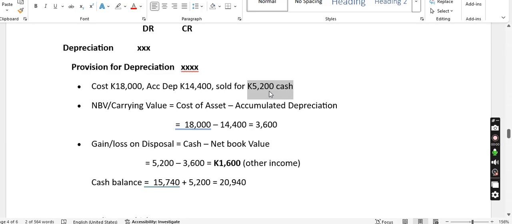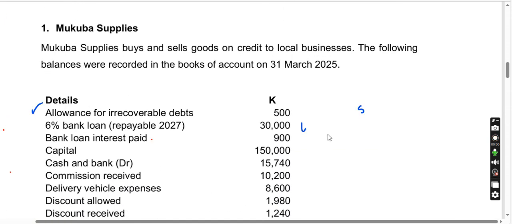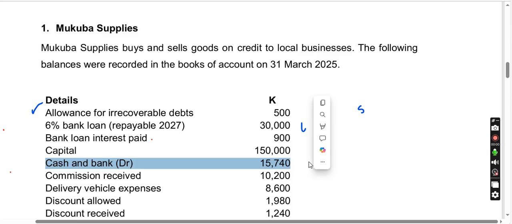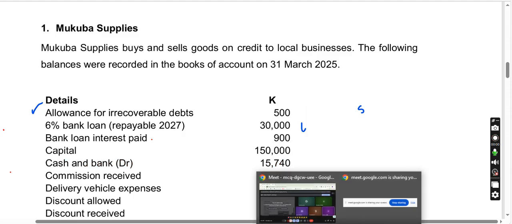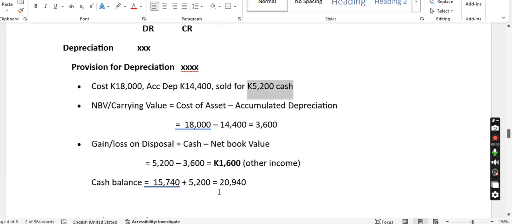You need to add this 5,200 to the cash balance, which we're going to do here. 15,740 plus 5,200 is 20,940.